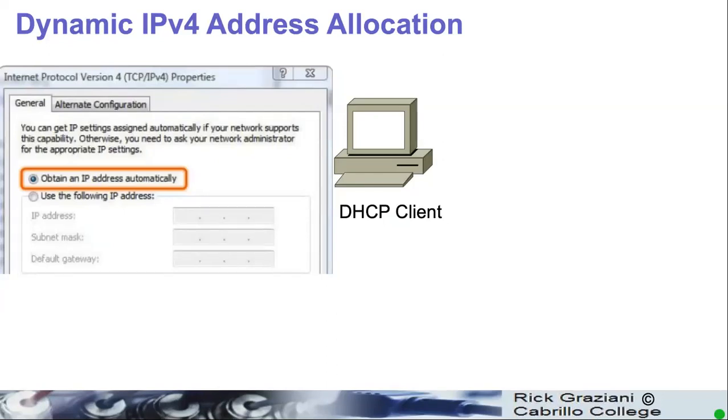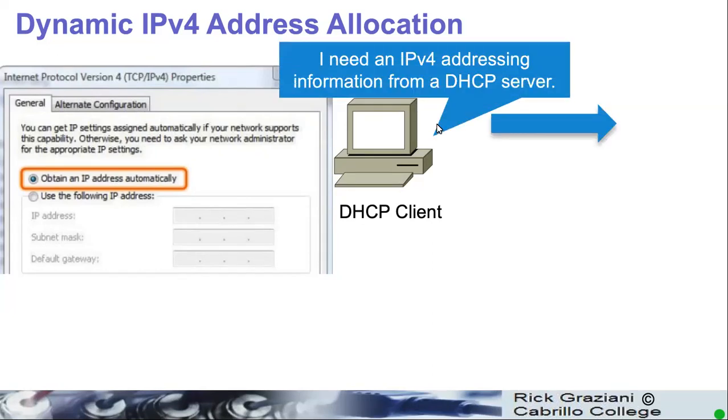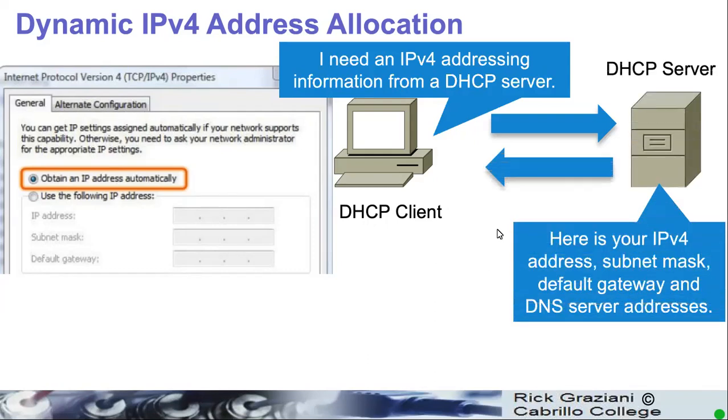In IPv4, life is just kind of one way. On the client, we say obtain an IP address automatically, which means DHCP in IPv4. The client will look for a DHCP server, and the server will allocate IPv4 address information, including an address, subnet mask, default gateway address, and DNS server address.